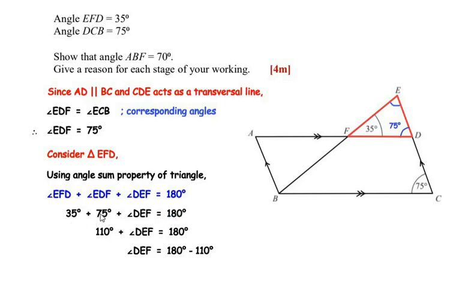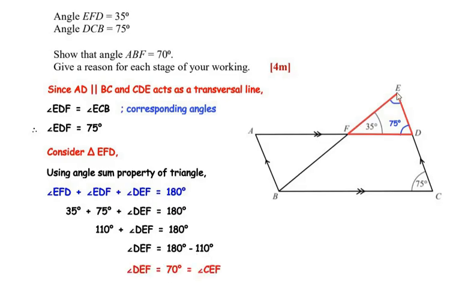Now 35 plus 75 gives us 110. Now let us subtract 110 from both the sides of the equal to sign. So we get angle DEF is equal to 180 minus 110, giving us angle DEF, or we can also say it as angle CEF, because ED was the extension of CD. So here we have written angle DEF is equal to 70 degrees is equal to angle CEF.